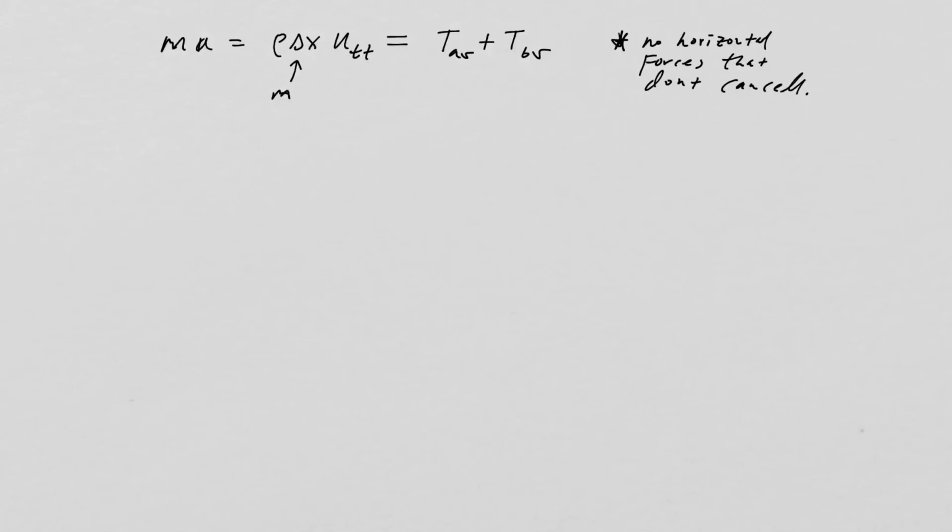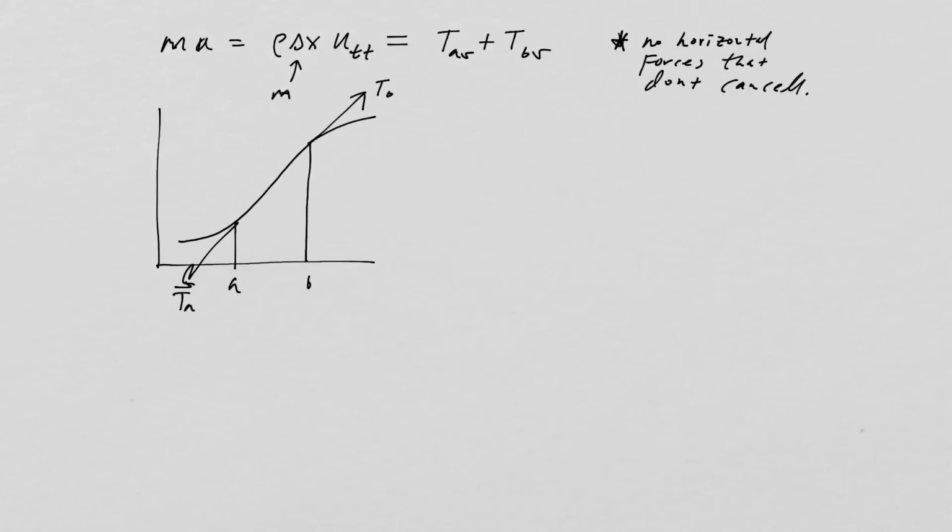All right, now that we know that, let's draw our free body diagram again. At A and B, we have that tension TA, we have that tension TB, and we now know that there's a TVA there and a TVB there.